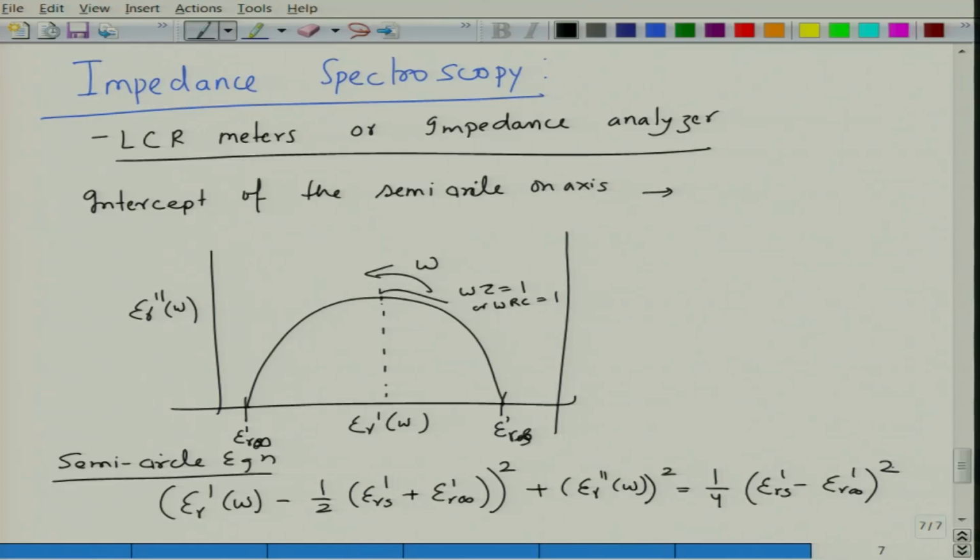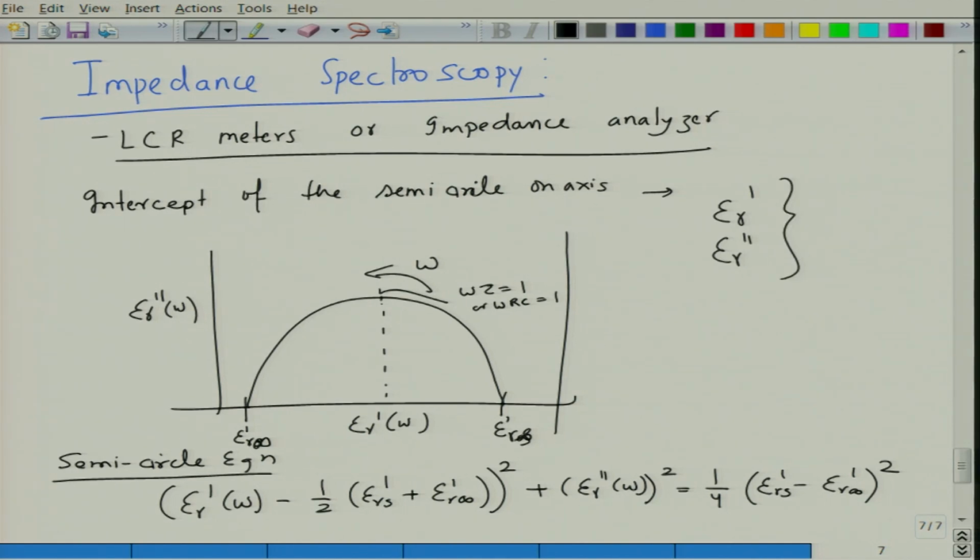If you take different values, it is like y minus something squared is equal to something else squared plus 1 over another factor squared. This is the equation of a semicircle, which is basically obtained by removing omega tau from the equations that we derived earlier. We derived the equations for the dielectric constants, essentially for epsilon r prime and epsilon r double prime.